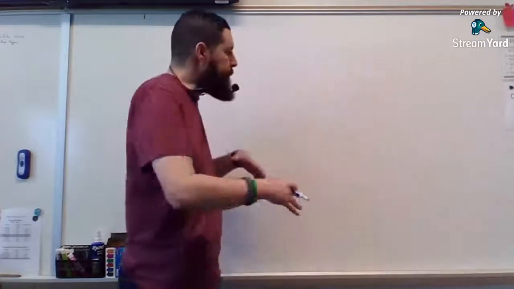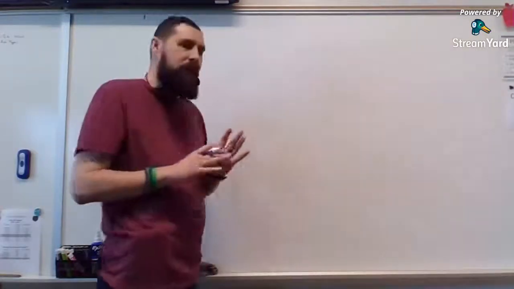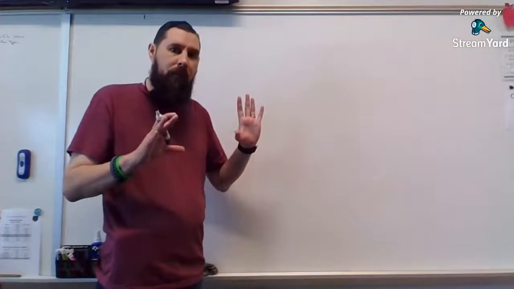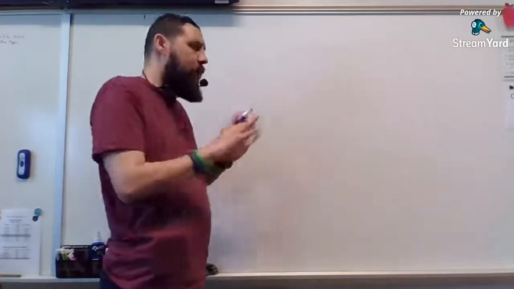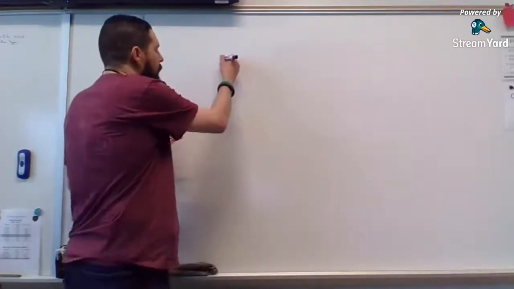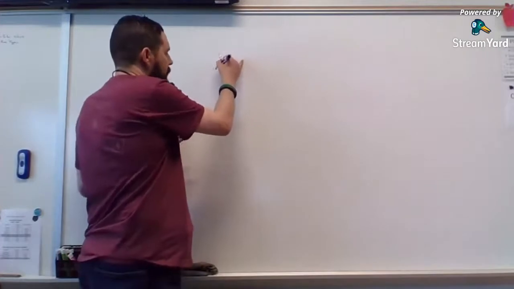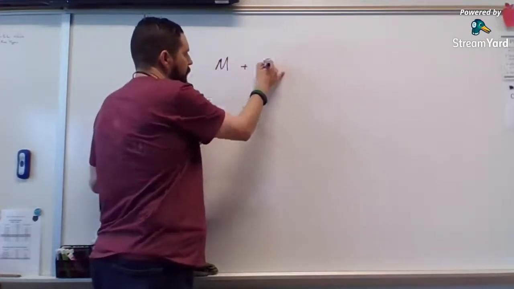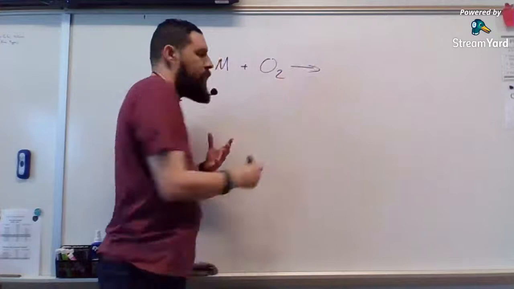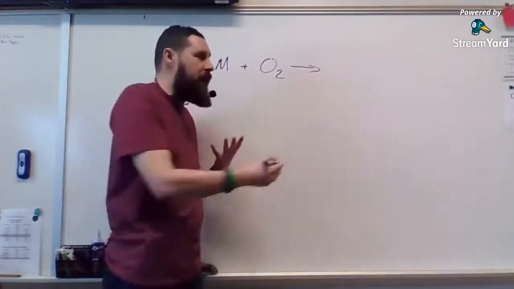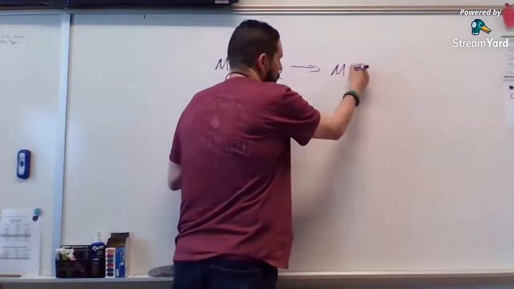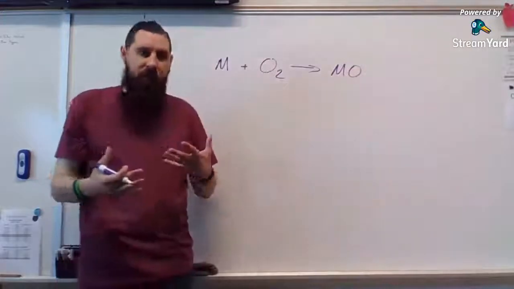Okay, but when we look at synthesis with oxygen, I'm going to have my metal component plus O2 produces my metal oxide. So this is another way that you can see that general reaction.